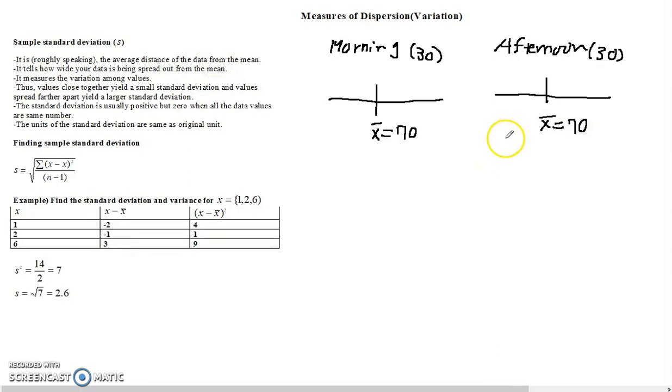But let's assume that in the morning class, the scores of the 30 students are much closer to the 70, for example, like this.